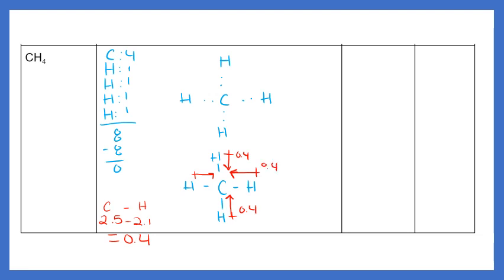This 0.4 is going to cancel this 0.4. So this shape is nonpolar. And 0.4 is also nonpolar. Good. And this shape is called tetrahedral. Okay. We have 2 more left, and that's it.